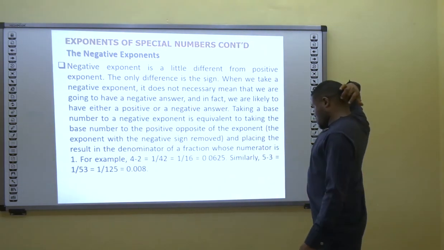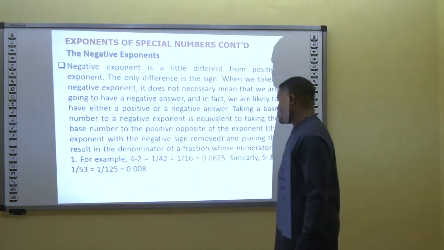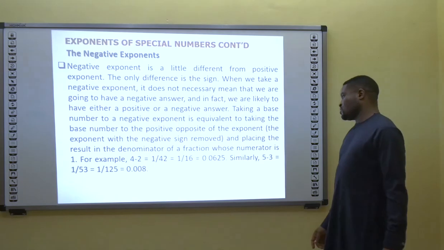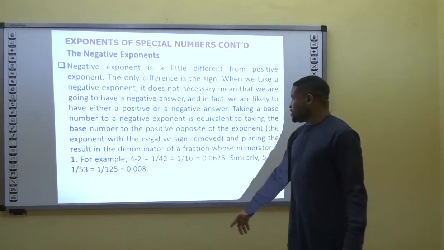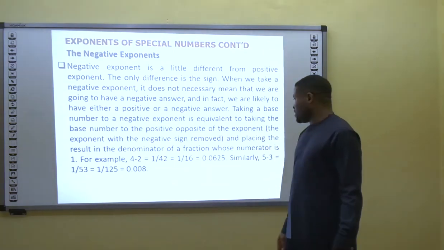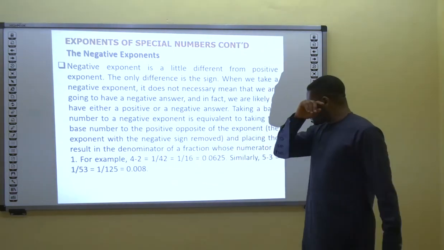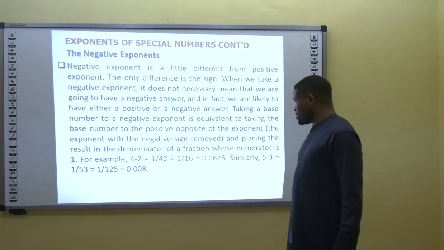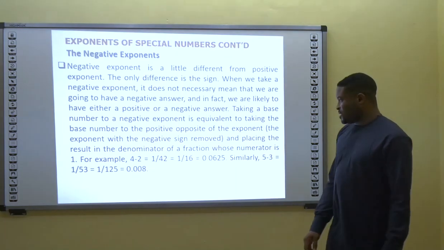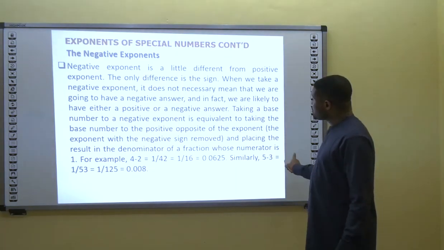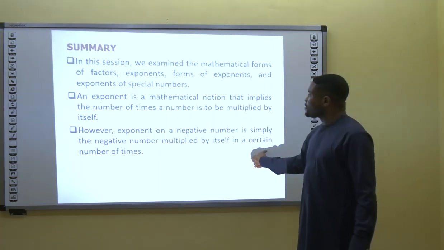Negative exponent in the sense that, for example, we have 4 raised to the power minus 2, which is equal to 1 over 4 squared. This one you divide by itself, you have 1 over 16, and 1 over 16 is equal to 0.0625. Similarly, you have the same thing in the next equation. So that's that for exponents and factors.